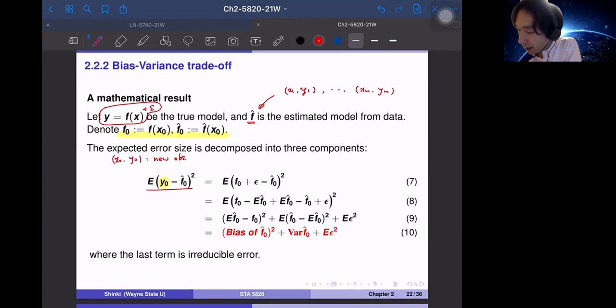These are n independent observations, and at least they are independent of this new observation x0, y0. So we have the existing data and we estimate f hat, then we want to estimate the expected squared error, the model error.